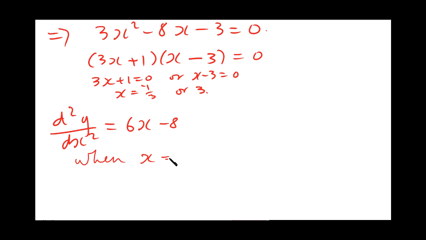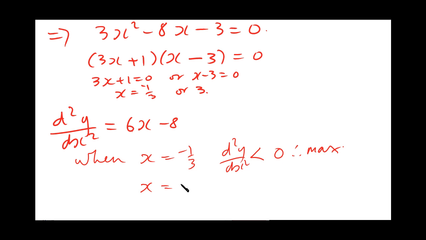When x equals minus a third, the second differential, d2y by dx squared, in this case is going to be less than 0. Minus a third times 6 is minus 2, minus 8 is minus 10, so it's less than 0. Therefore we have a max. The condition for a maximum is when the second differential is less than 0.